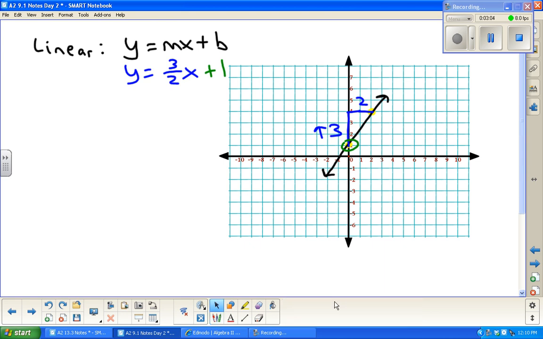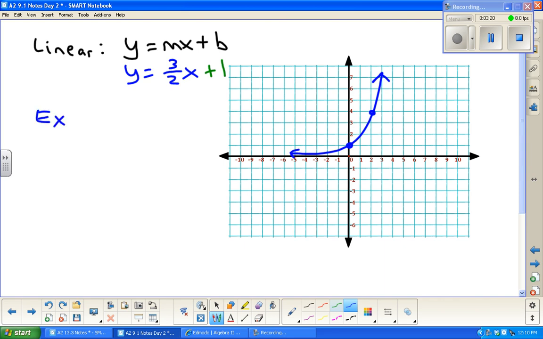Let's say, though, now that it's exponential, and see how that differs. So same 2 points, 0, 1 and 2, 4, and if it's exponential, I know that it's going to be growing faster as we go. So for an exponential model, if we think something's growing exponentially, notice there's not the same slope throughout. That slope that we had from the line is not the same throughout the whole curve here.